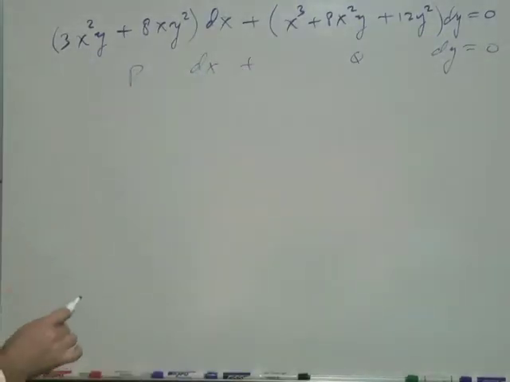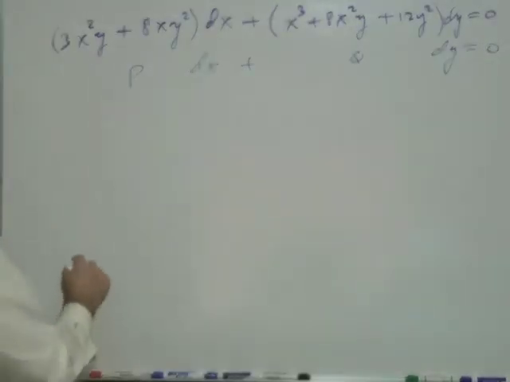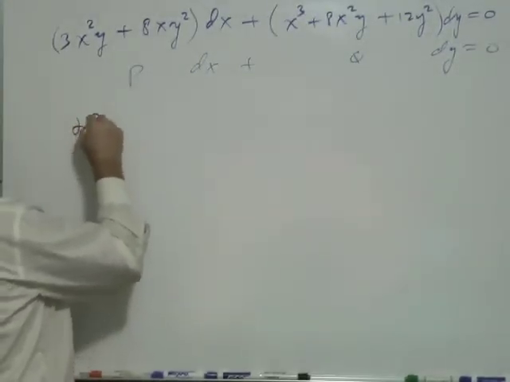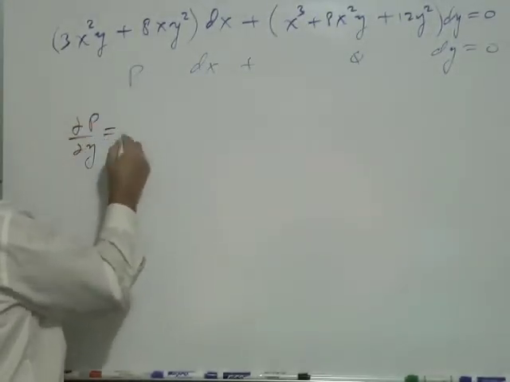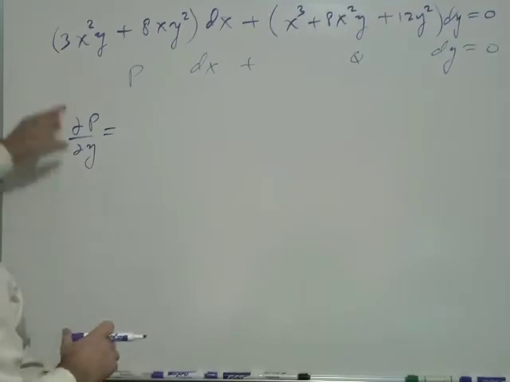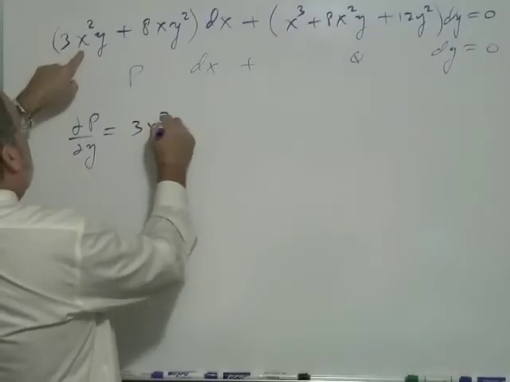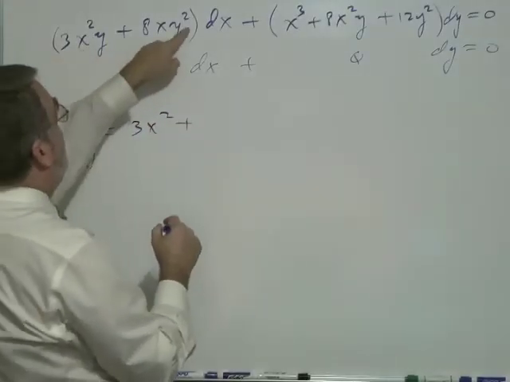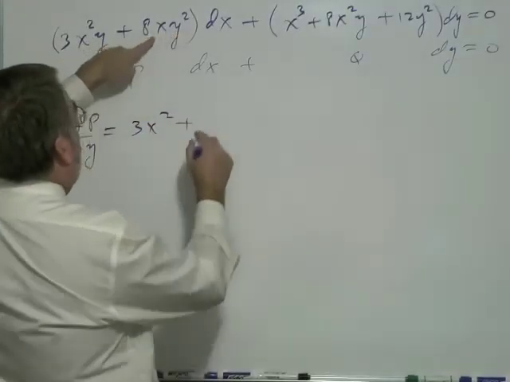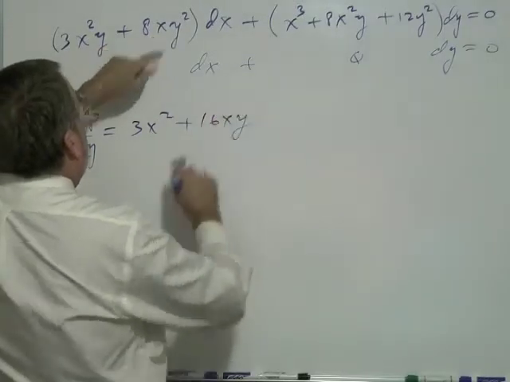So we check to see if it's exact by taking the partial of p with respect to y. Alright, so I'm treating x as a constant, taking the derivative with respect to y, I'll get 1 times 3x squared plus 2y times 8x, 16xy.